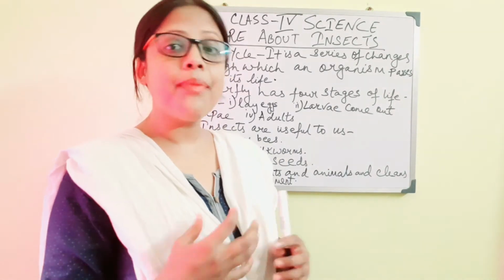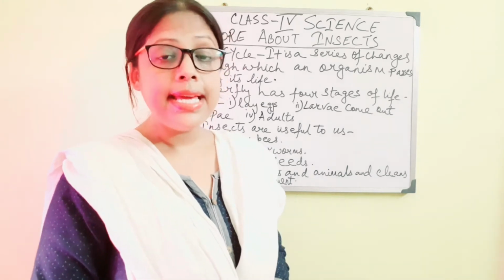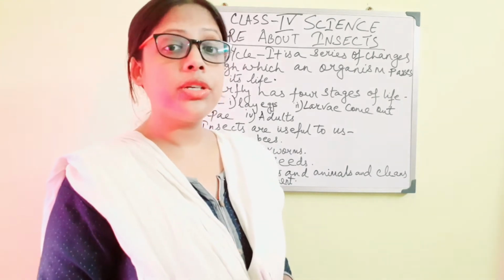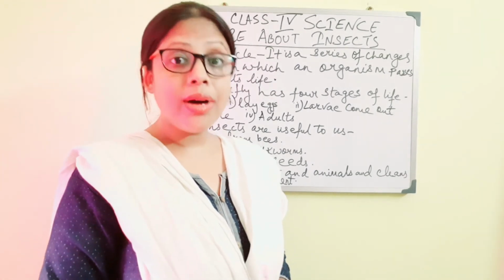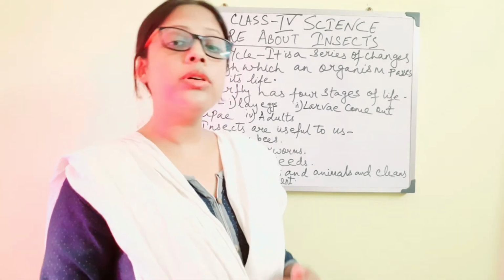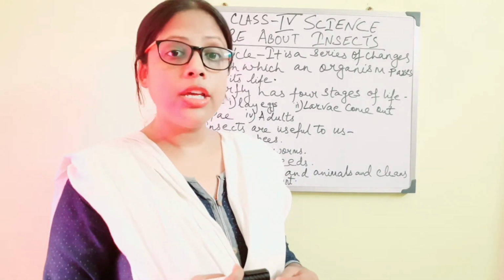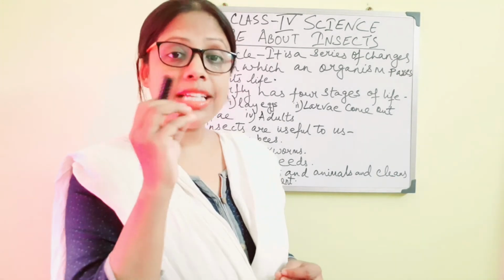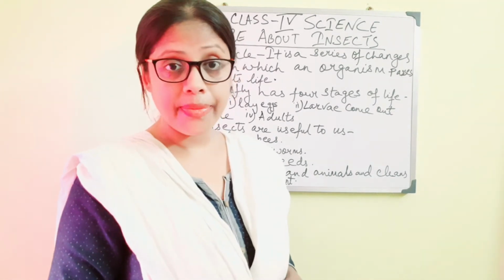Locust is a type of insect that feeds on leaves and they damage the crops. There are bookworms we get. If the books are kept for years, you will find bookworms eating the pages of the books.